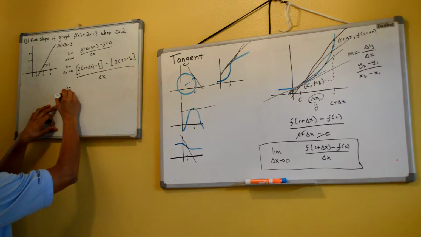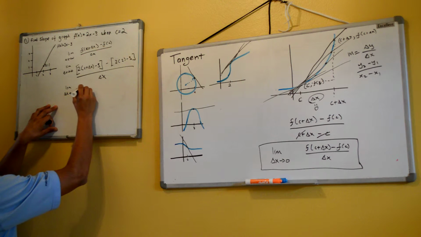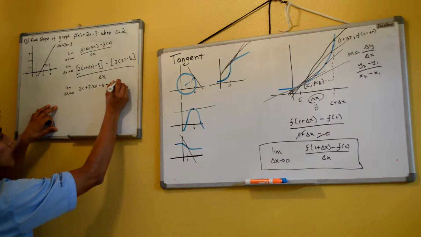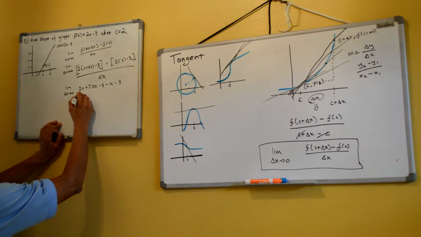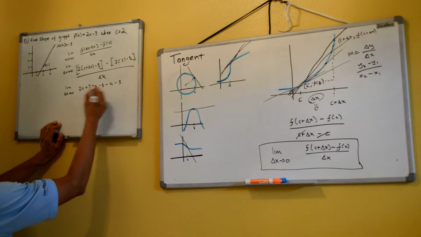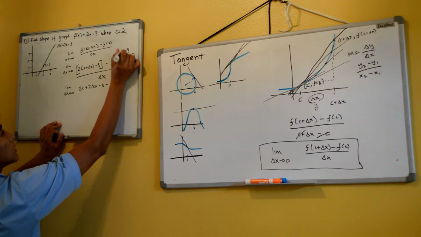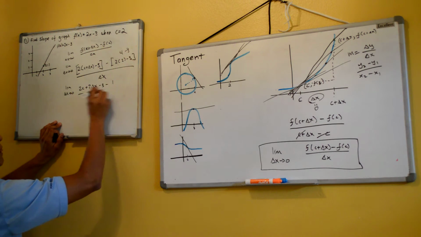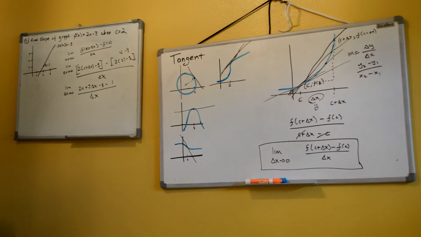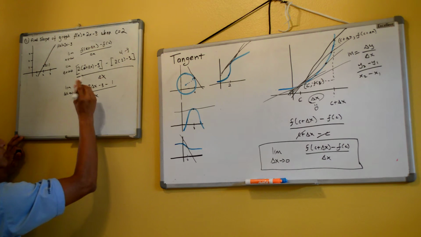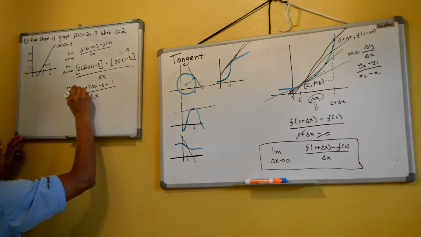So the limit as delta x approaches 0, so 2c plus 2 delta x minus 3 minus 4 minus 3. Or you could say minus, oh wait, my bad. Here this should be 4 minus 3, so minus 1, all over delta x. Okay. I forgot to substitute here this 2, because c is 2, so it's going to be 2 times 2 is equal to 4. My bad, that was my fault.